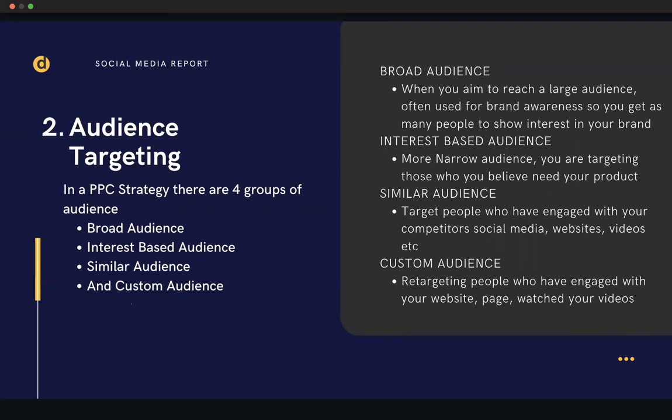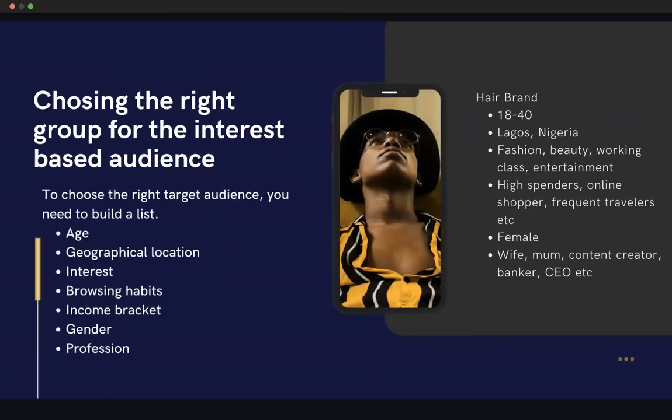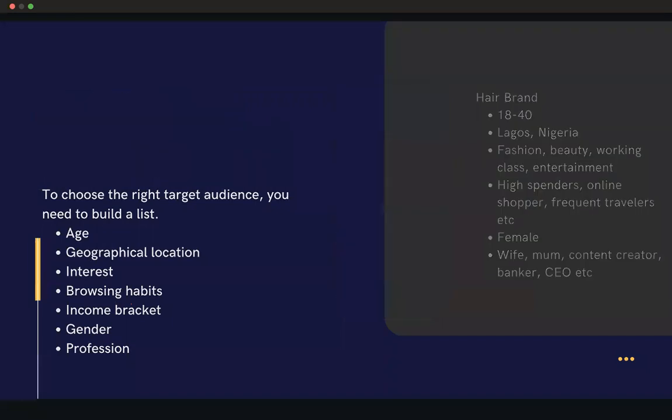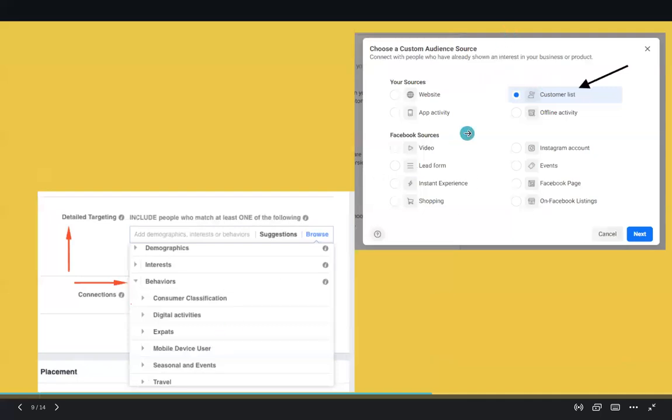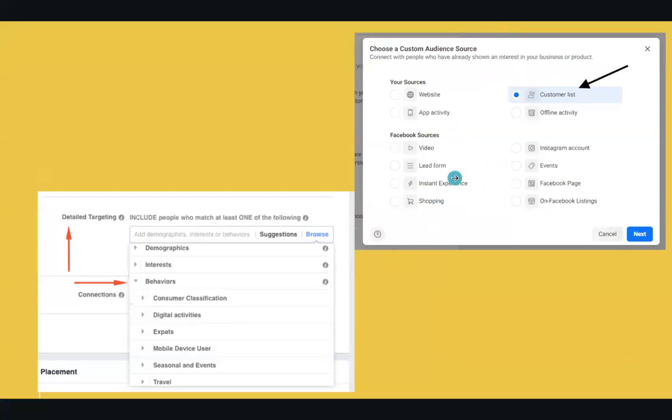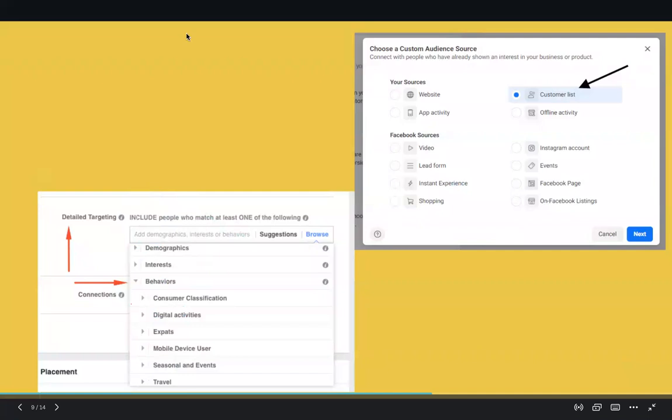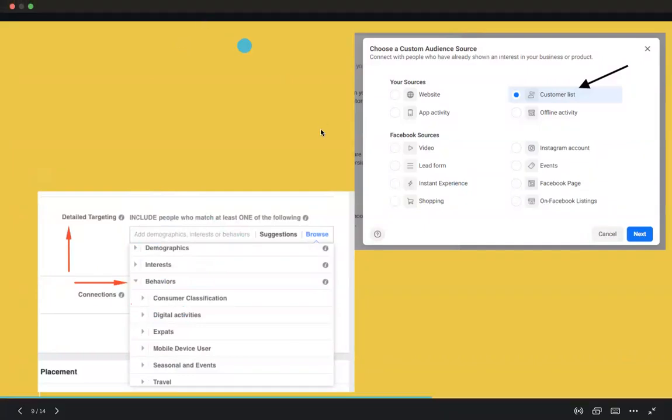And then we have explained interest-based audience, right? I have a picture here to show you. So I just want to briefly explain the custom audience. That's how to target people on your page, people that have interacted with your video or your website, and then how your demographics and interest looks like.